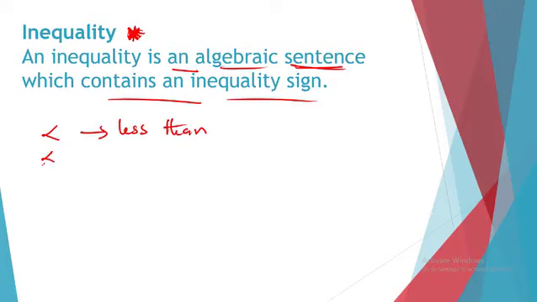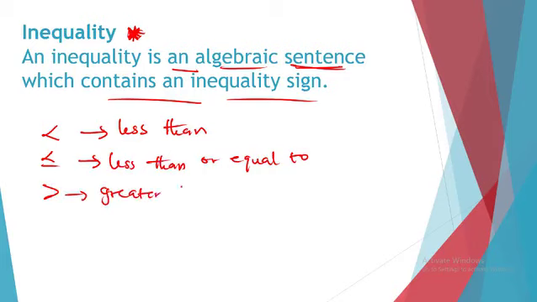We have less than or equal to. Then we have this sign here which we call greater than. Then we have the other sign, the greater than with a slash under it, which is greater than or equal to.